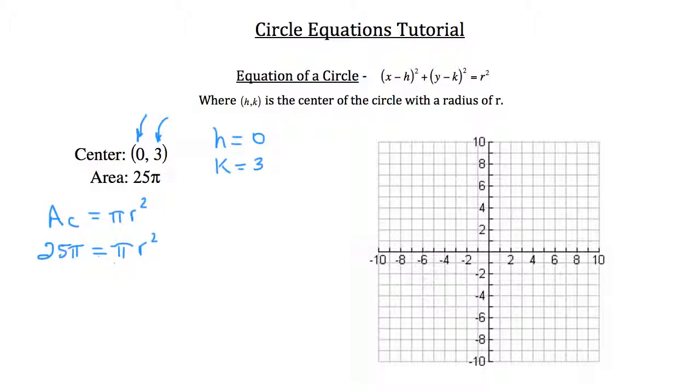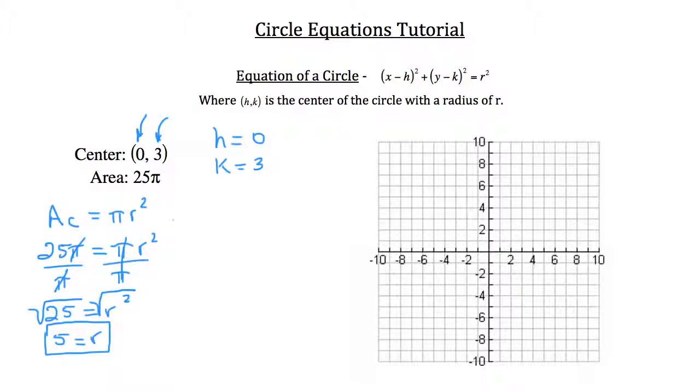I'll divide by pi on both sides of the equation. So we have 25 is equal to radius squared. Well, to solve for radius, we'll just take the square root of both sides of the equation. The square root of 25 is 5, and the square root of r squared is just r. So we have a radius of 5 units.